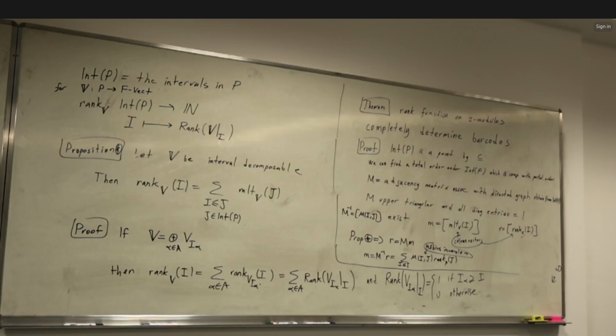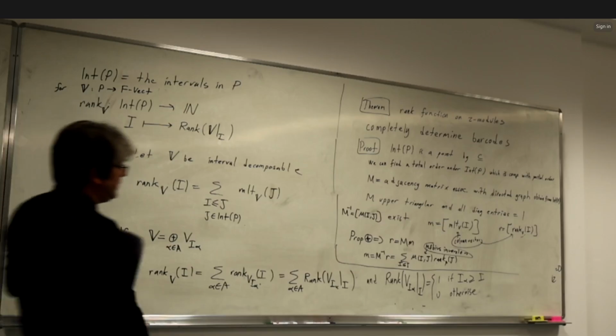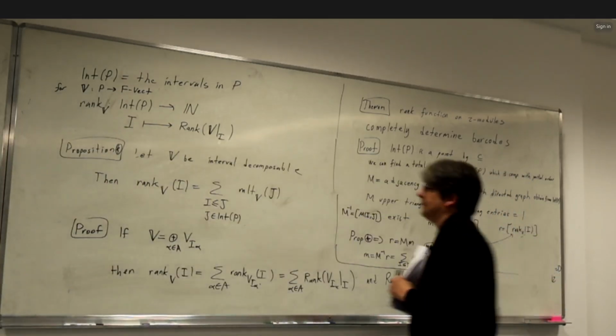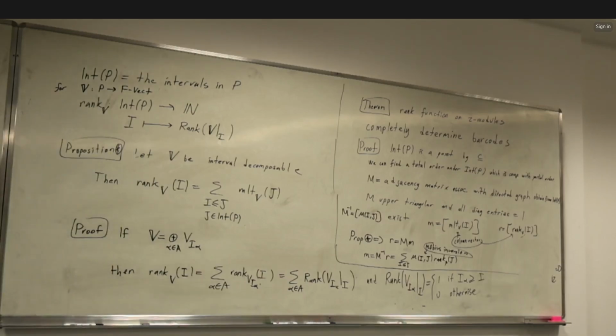Okay, now let's go back to example triangle and let's see what all this means in that example. So I had A1, A2, A3. Now I have the intervals A1, A2, A1.